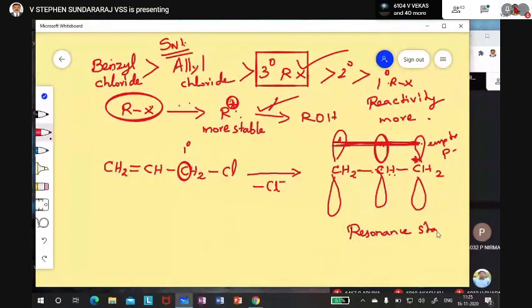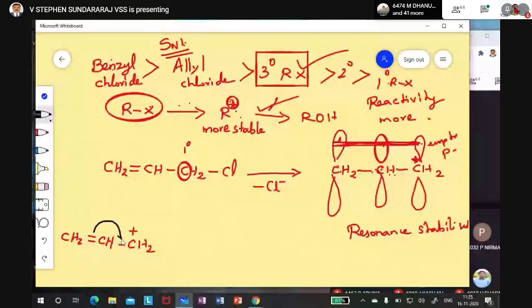I will give the resonating structure: CH2 double bond CH, CH2 plus. This is how you have to write the resonating structure. The double bond comes here, so it becomes CH2, single bond CH, double bond CH2, and then the positive charge will come here.